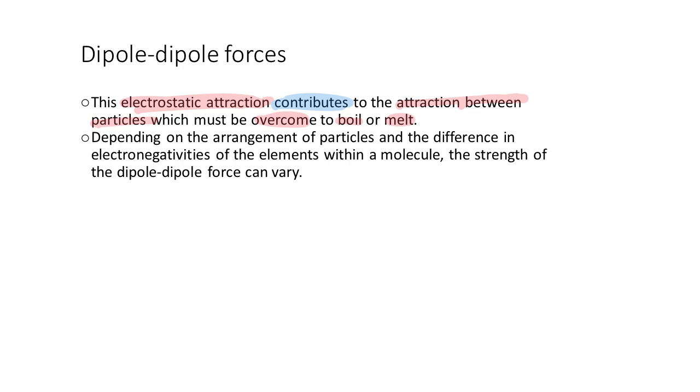Depending on the arrangement of the particles and the difference in electronegativities of the elements within the molecules, the strength of dipole-dipole forces can vary. If you have something like HCl versus HF, the F is much more electronegative, and remember, that's the thing that pulls the electrons to its side, and therefore that will make it a more polar bond.